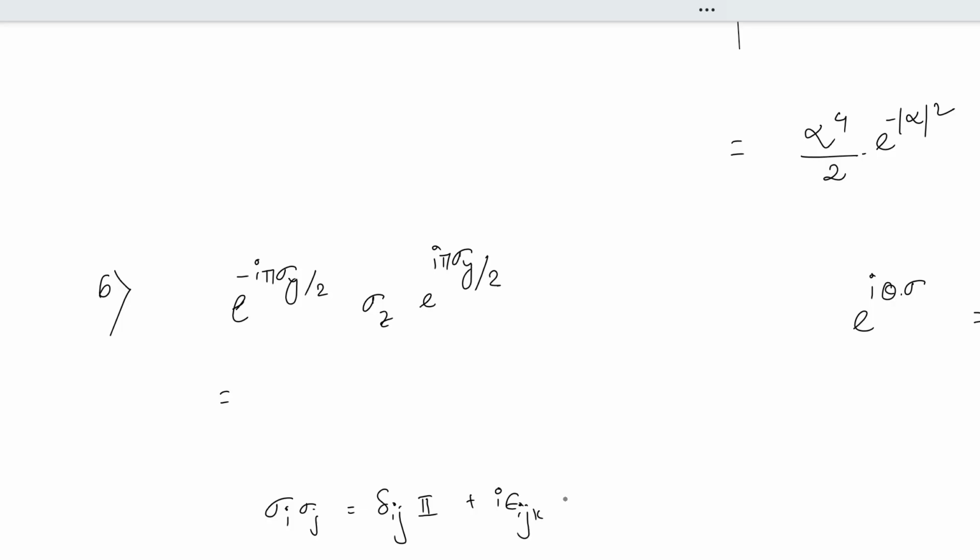If they are in cyclic order, this is plus 1, and if not, it will be minus 1. If any two of these indices are equal, it will give you 0. So from here your i, j, k can be x, y, z basically.